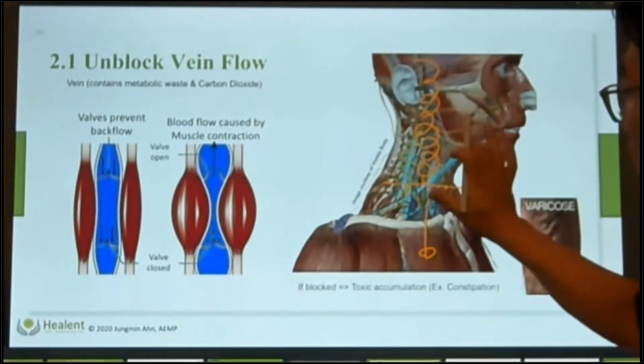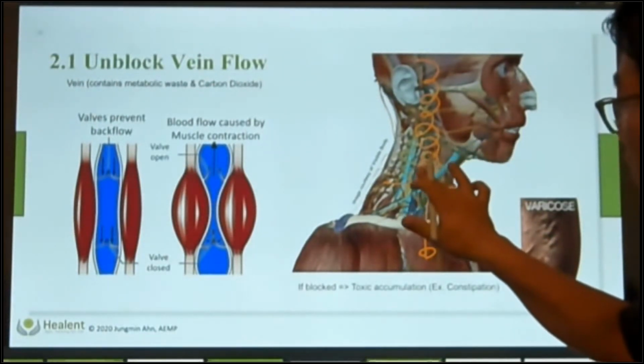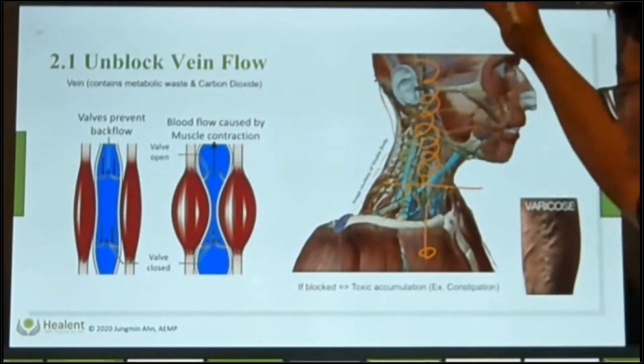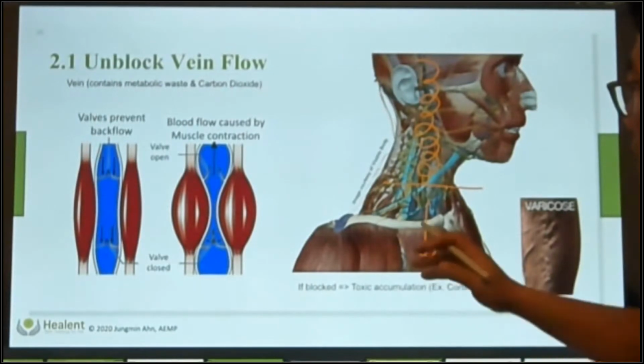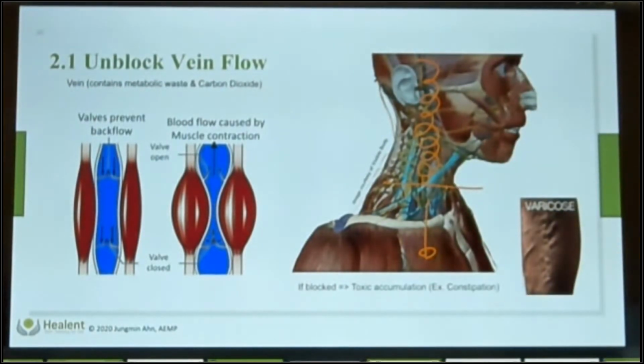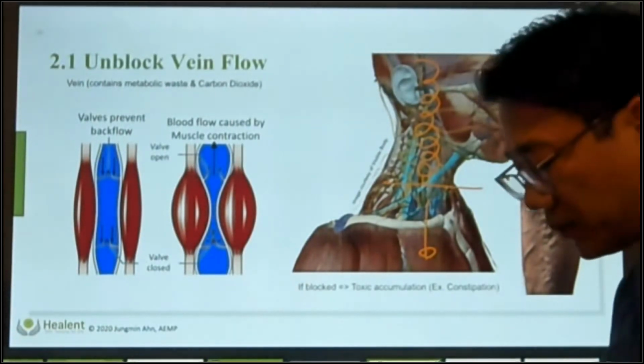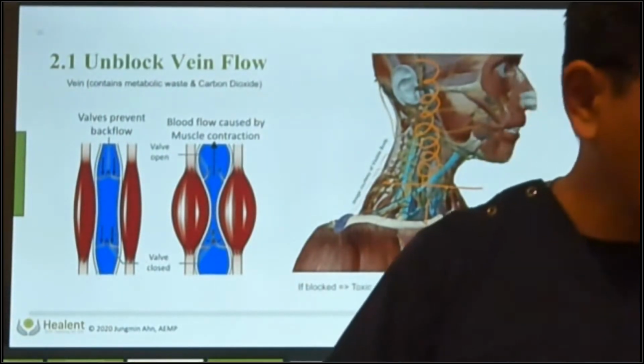So it's important to relieve muscle tension right here, so that you can have more blood flow from the brain to the body, up and down, so that you have better flow of blood and energy and less headache.